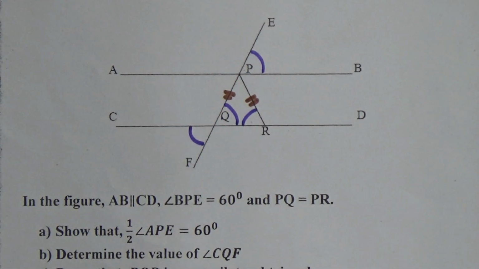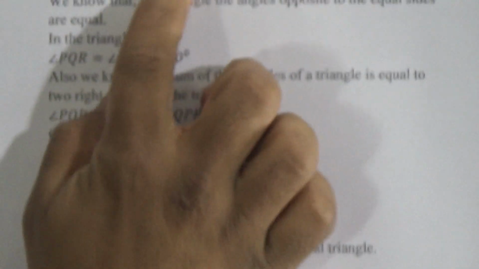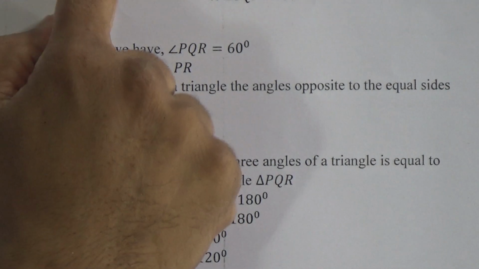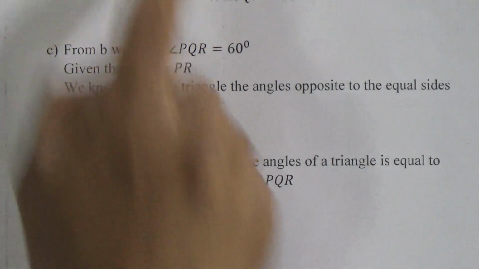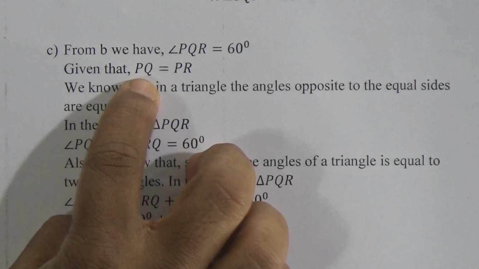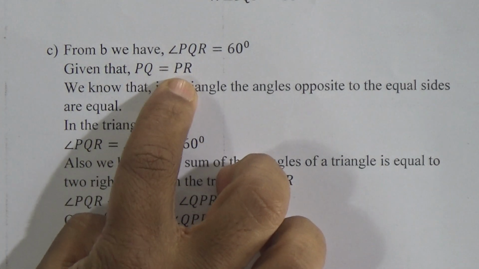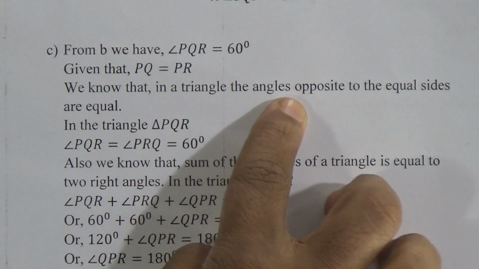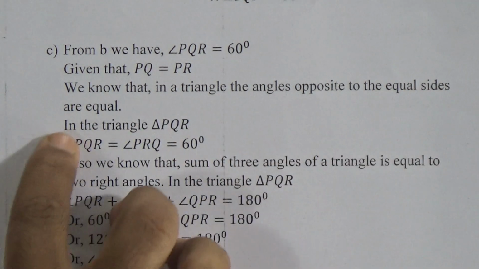Okay, now look at the solution, my dear students. The solution of C: from B we have the angle PQR equal to 60 degree. Already in B we have proved this one, PQR equal to 60 degree. I have written down this one. Given that PQ equal to PR is given in the stem, we know that in a triangle the angles opposite to the equal sides are equal.